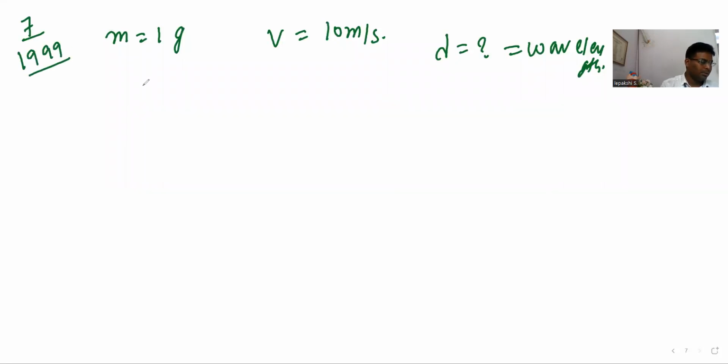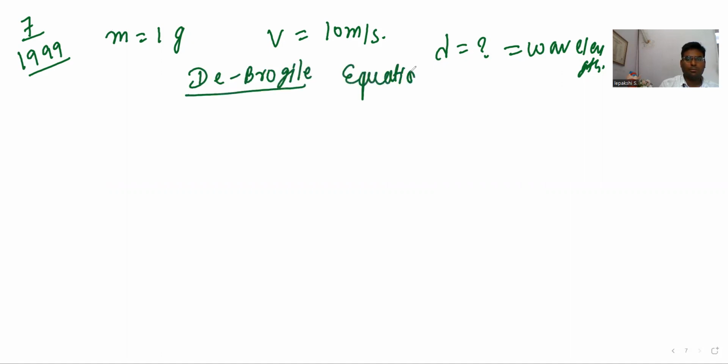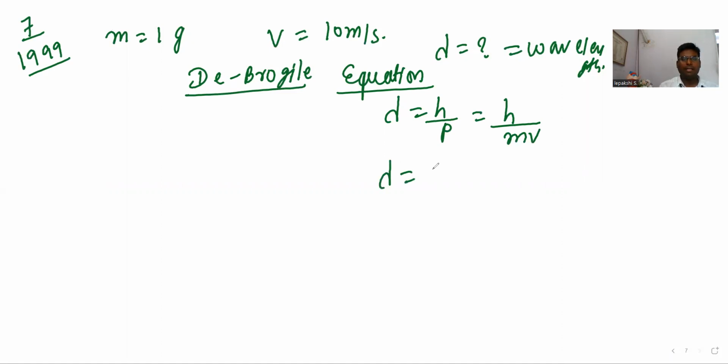The de Broglie equation is given by lambda is equal to h upon p, so h upon mass into velocity. So you have to find lambda. Lambda equals h, the Planck constant, 6.63 into 10 raised to minus 34 joule second, divided by mass.